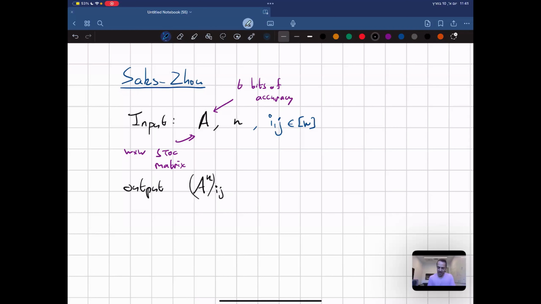It is also given yet another parameter epsilon, which is the error, and the output should be this plus or minus epsilon. So you are allowed to approximate rather than completely accurately compute the nth power of the matrix, and you want to do that in small space.